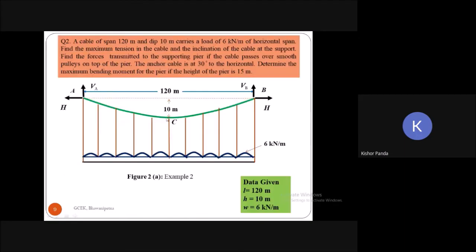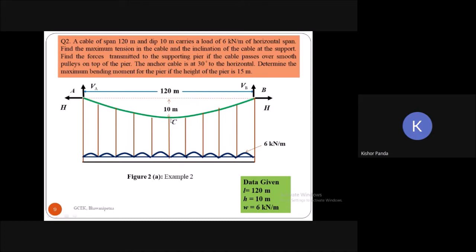For the horizontal thrust, you have to take the moment about the point C and equate the moment to 0, because the cable is a flexible structure, so at any point in the cable the bending moment is equal to 0. So take the moment about C either for the right side forces or for the left side forces.